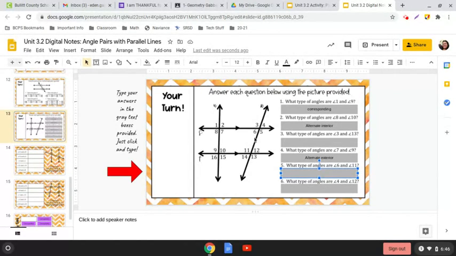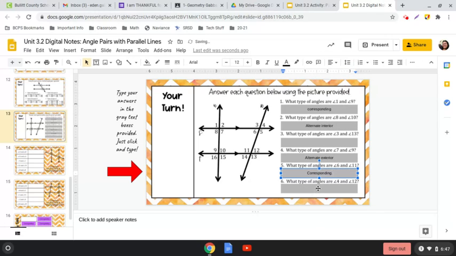So 6 and 11 are both inside the parallel lines, so they're going to be interior, and they are on the same side of the transversal. So they're going to be corresponding interior. Well, they're just going to be corresponding. You don't have to put interior, but it's good to know that they are inside.